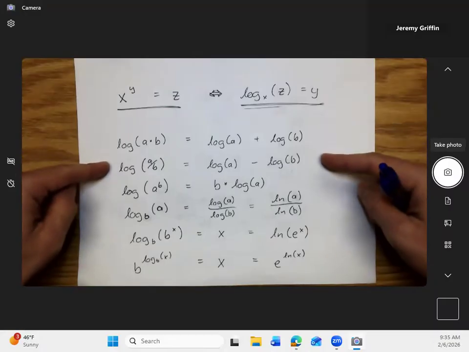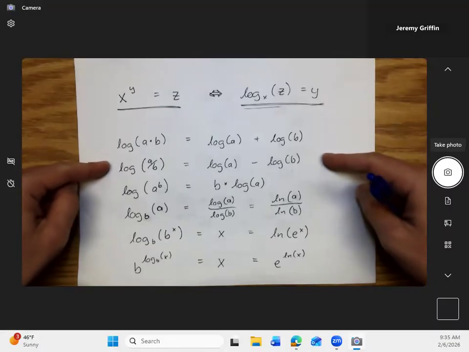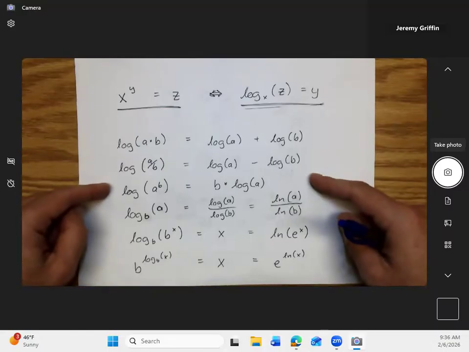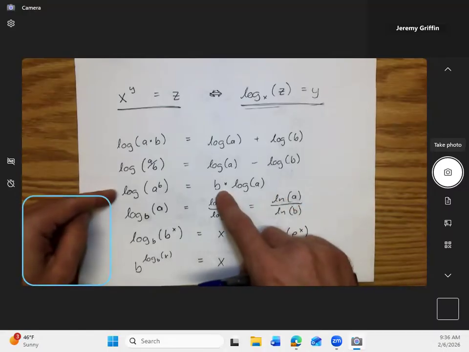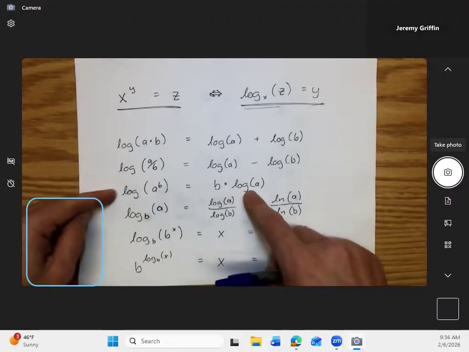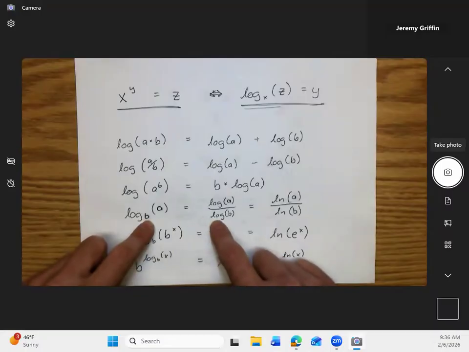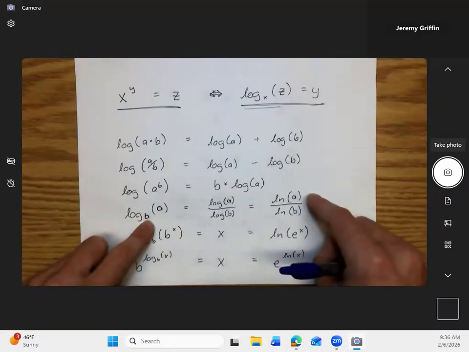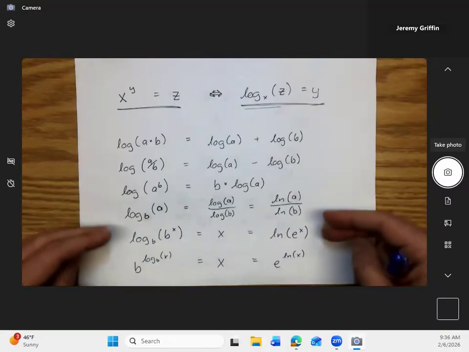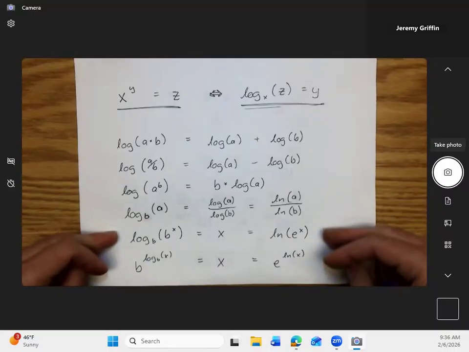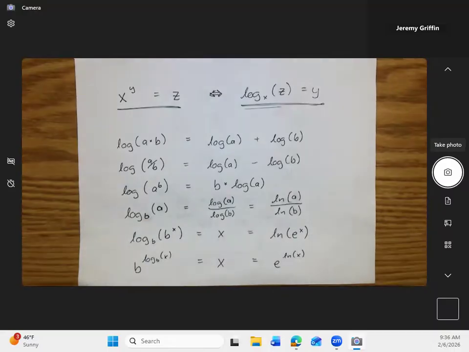You can also divide by subtracting logarithms. Then the exponent property: log of a to the power b, you can pull the exponent down, making it b times log a. If you have a base that's not base 10 and not base e, you can change the base by doing log a over log b, or natural log a over natural log b. That's most of the log rules you need right there.